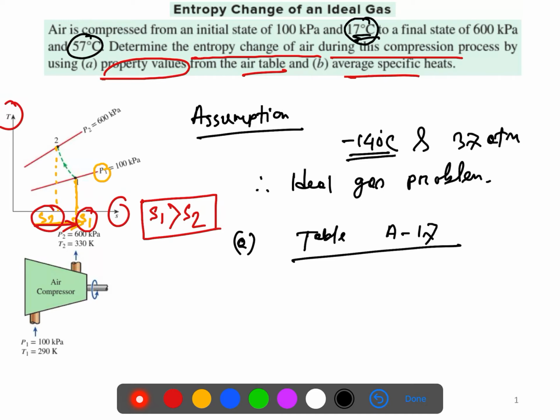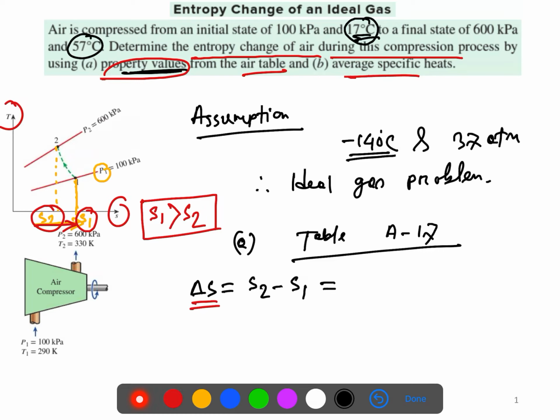So here we need to use the property values. When you have the variable specific heats, then we can simplify the equation, and the final equation you will see when you go through the literature. Then you see this S2 minus S1, you can say this is delta S. So delta S is the entropy change.